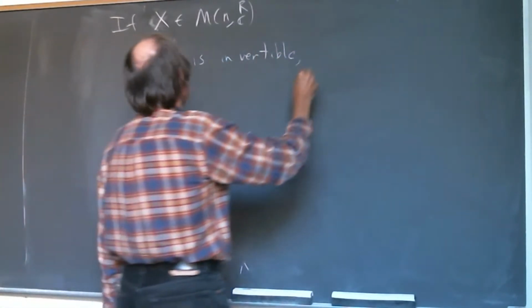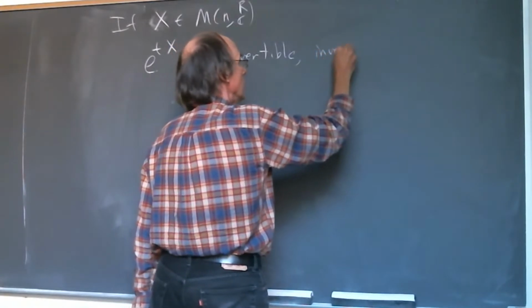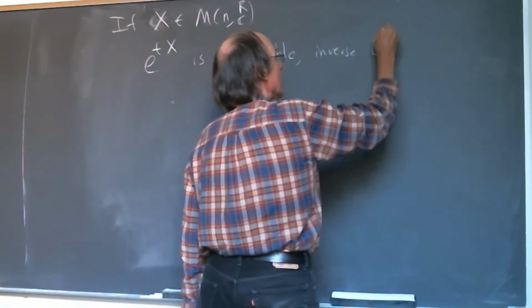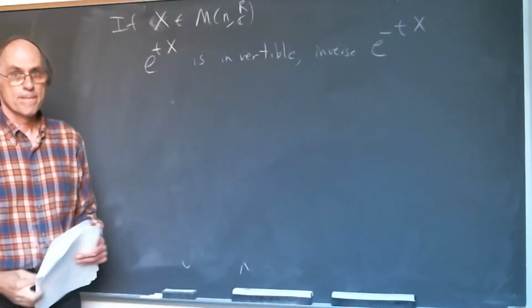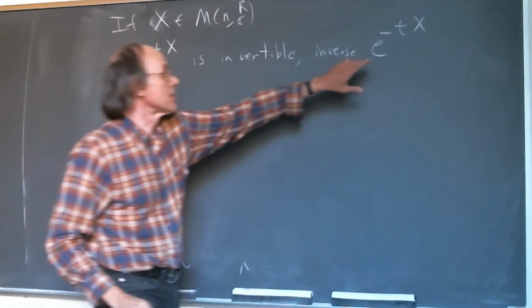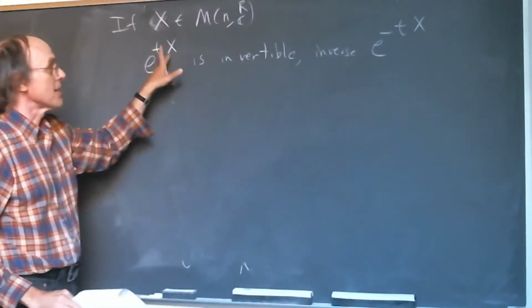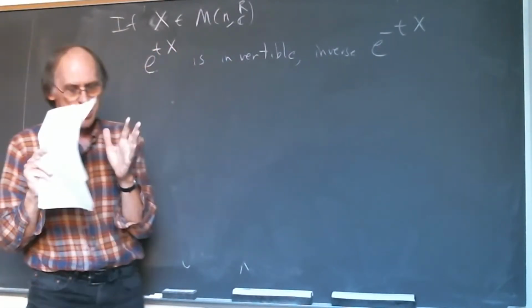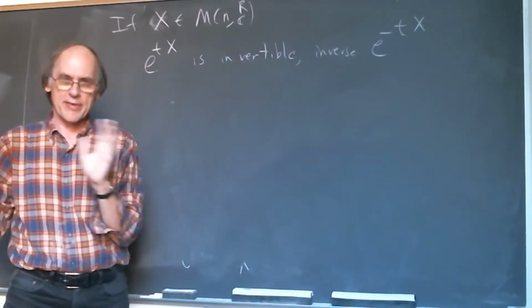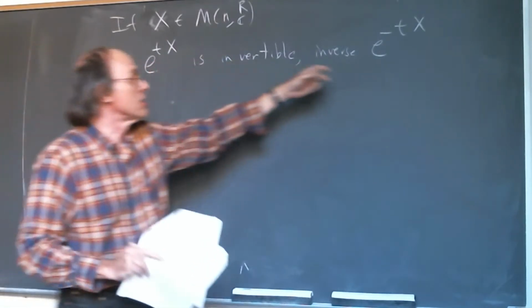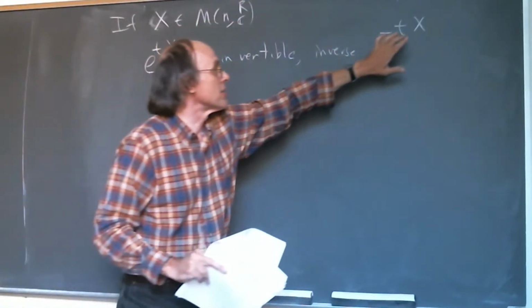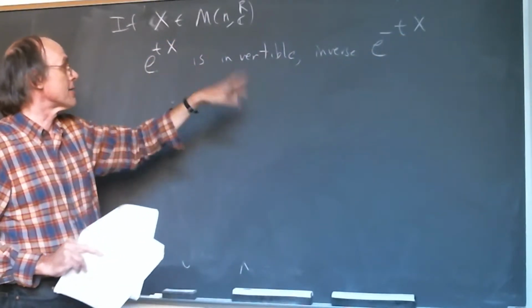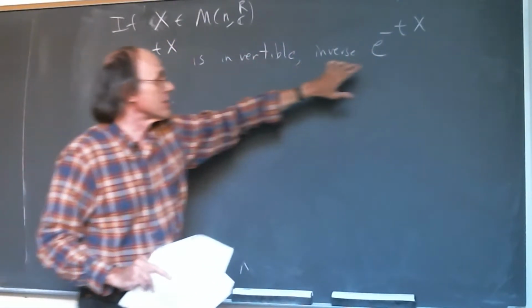With inverse, which is e to the minus tx. And you can see that if you multiply this guy by this guy, because x commutes, you have to worry about what the properties of exponentials are if you multiply two exponentials with different matrices. But it's the same matrix, so they're just going to cancel, and this times this is going to be the identity.